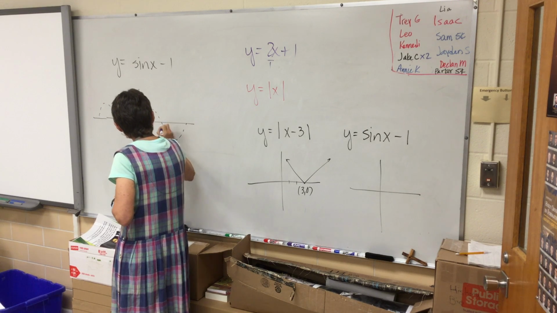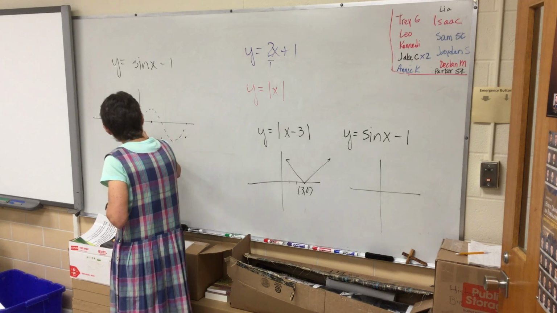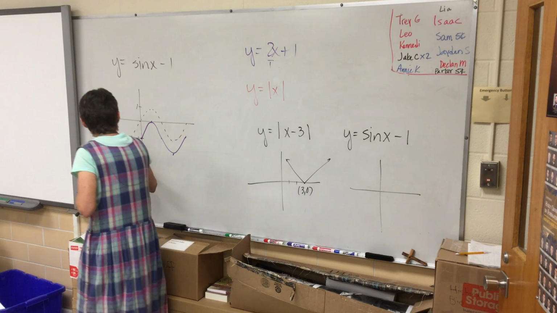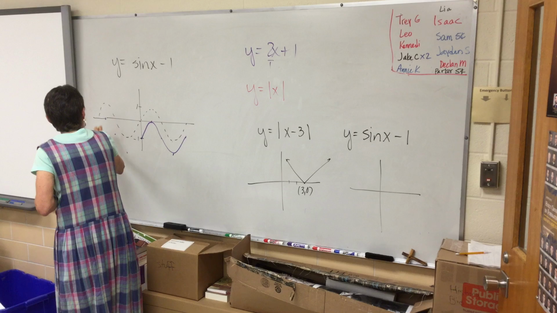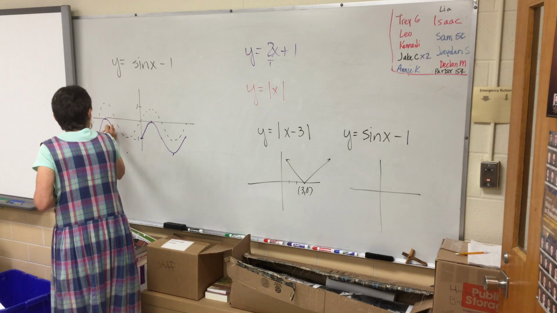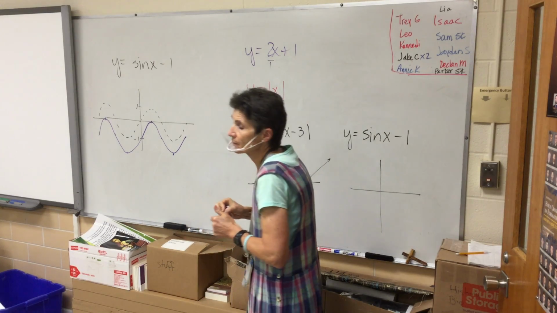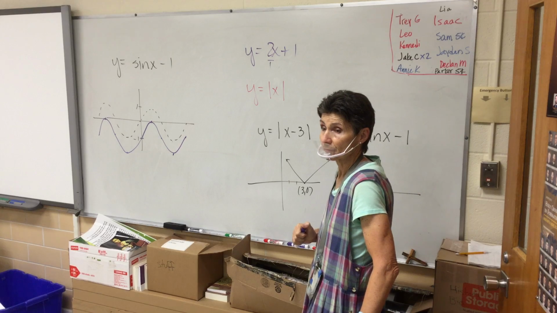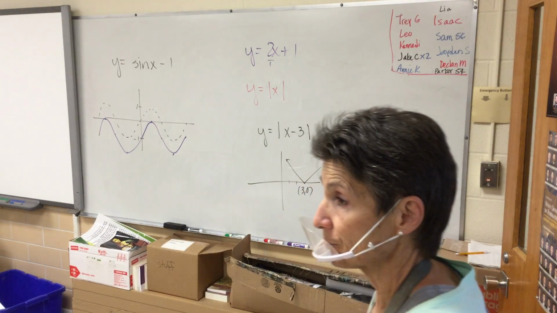This is coming down here. Every point is coming down 1 unit. So we have exactly the same shape, right? But everything is down 1. So the purple is the actual answer to the question. We dropped it all down 1.